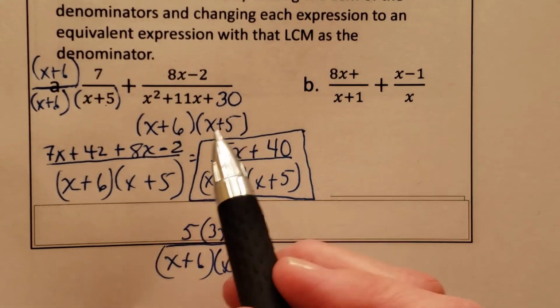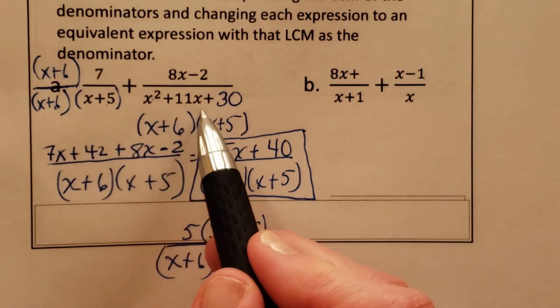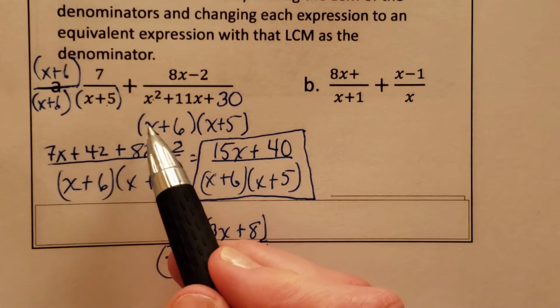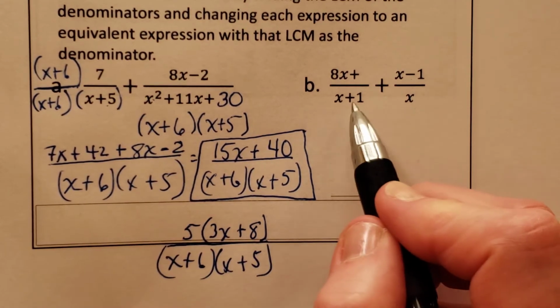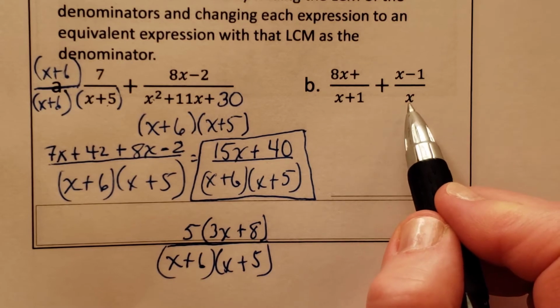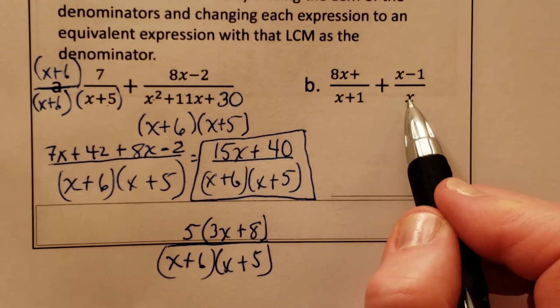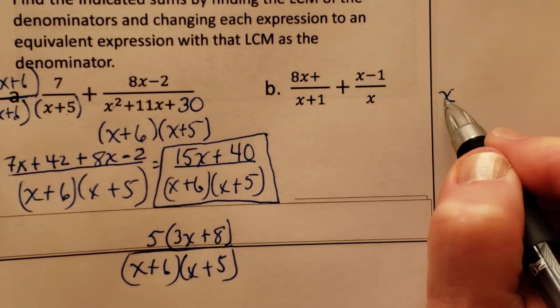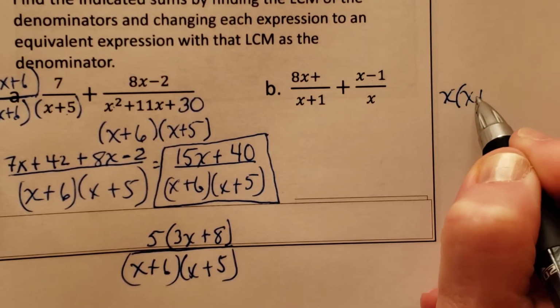The trick is when you have a trinomial, this is probably one of your factors. But on this, I literally have to multiply these two together because I don't see a trinomial here. So I'm going to multiply my denominators together, and I'm going to get x times x plus 1.